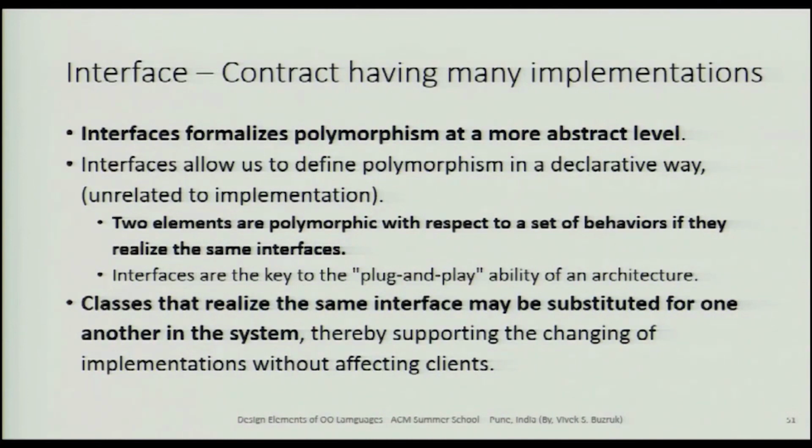Two elements are polymorphic with respect to the same set of behaviors if they realize the same interface. That is the way it is looked at, and then you can implement plug and play architecture, and that is why interface is considered very important for implementing polymorphism in real life systems.